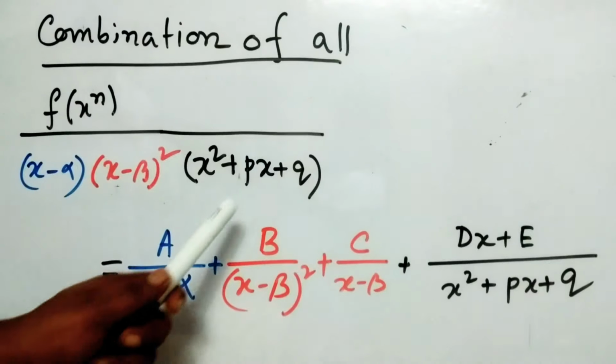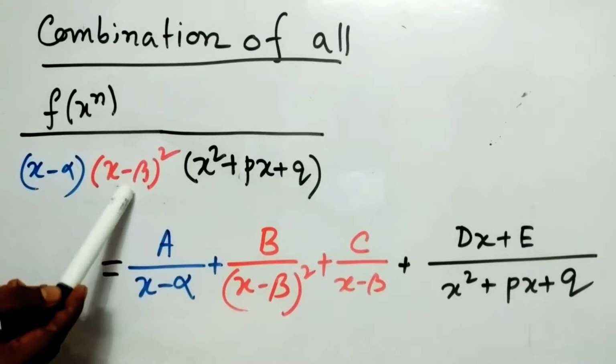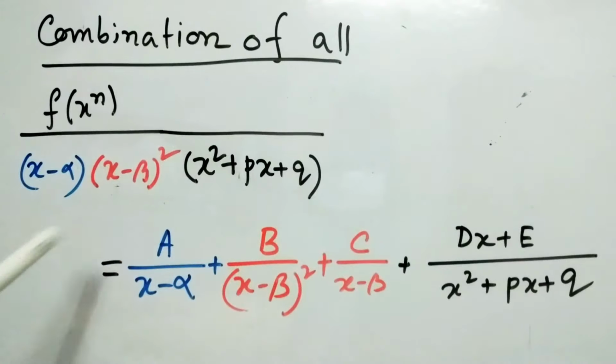For the red one, we will take b by x minus beta whole square plus c by x minus beta, and for the black one, we will take dx plus e divided by x square plus px plus q. Now if you count the degree, 1, 2, 3, 4, 5, and let us see how many constants are here: a, b, c, d, e, 5 constants, and that is how we have to proceed.